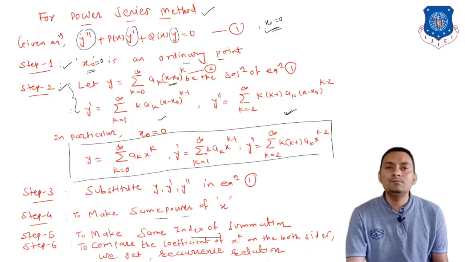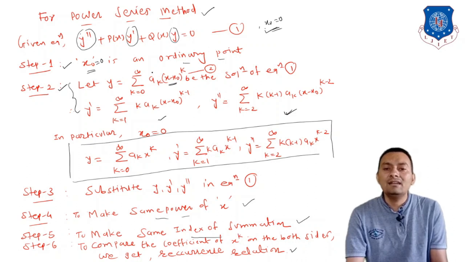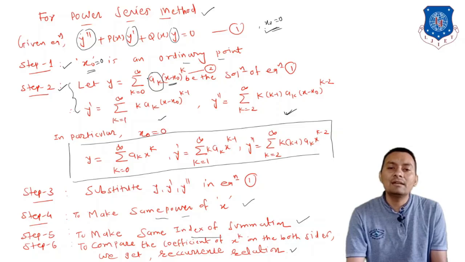That's why, for simplicity, first we make the same power of x, then the same index of summation, and then compare the coefficient of x^k on both sides, and we get the recurrence relation. From the recurrence relation we can find all the constants, and then we replace them here, and that is exactly our final series solution.